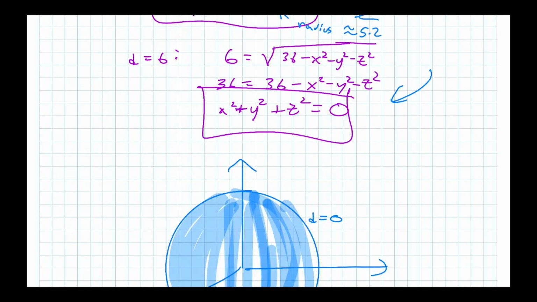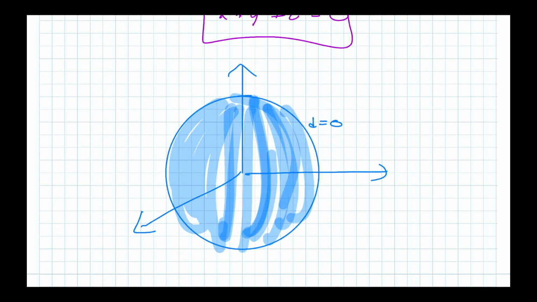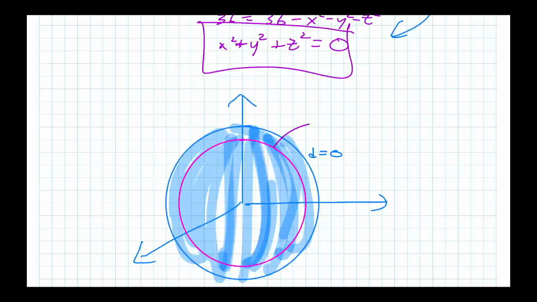So if you were going to plot that one, you've got a sphere inside the sphere, radius like 5 point something. Like an egg. And that is the d equals 3 surface. Now, I don't really think you have to do too much plotting of these, but you've got this sphere inside the other sphere.